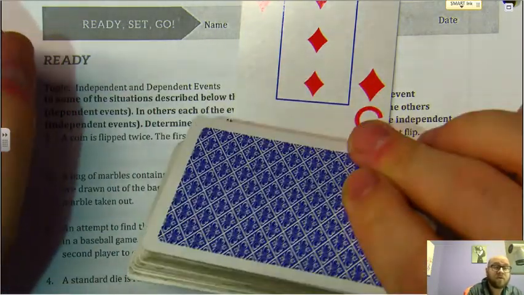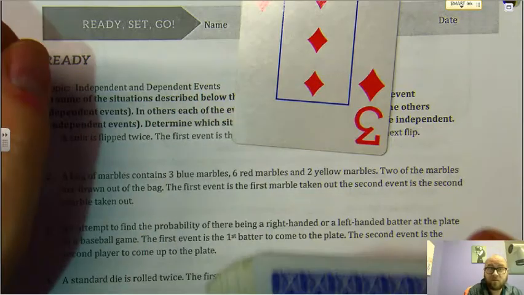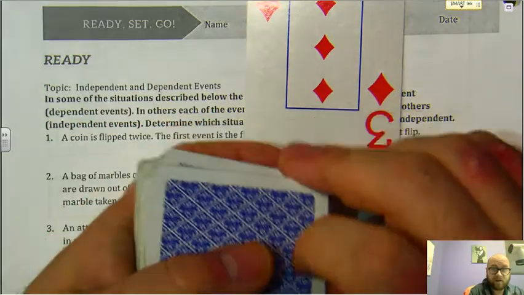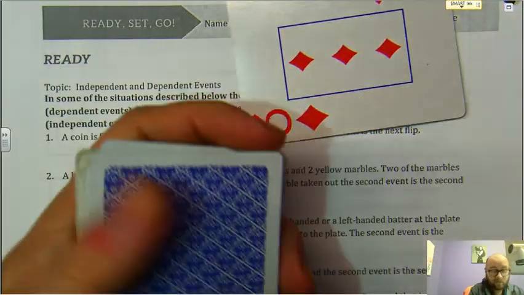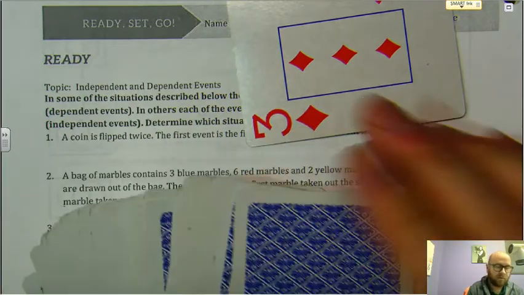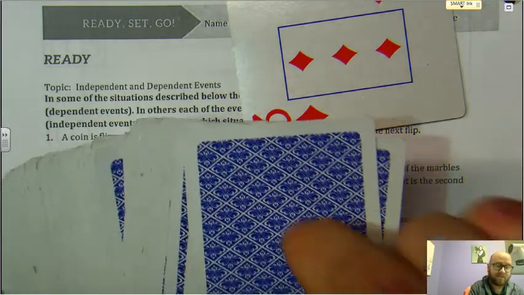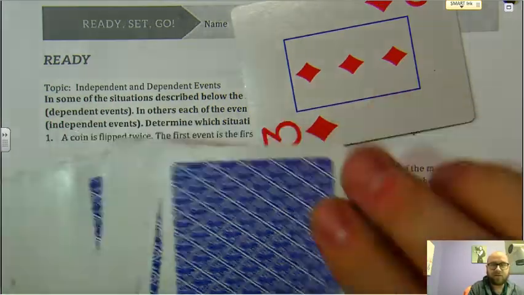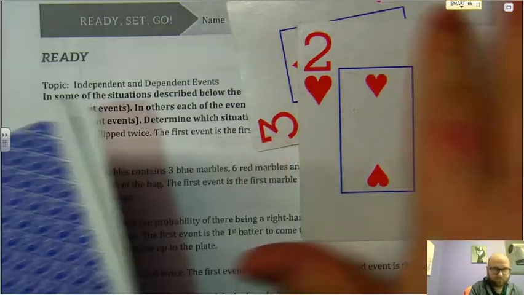There's 1 fewer 3, there's 1 fewer diamond, there's 1 fewer red card. So it's impossible for me to pull a 3 of diamonds because it's already pulled out of the deck, but it's also affecting the way every other card works. Now it's no longer a 50-50 chance that I pull out a black card. I have a higher probability of pulling out a black card because it's dependent on the fact that this red card is no longer in it.